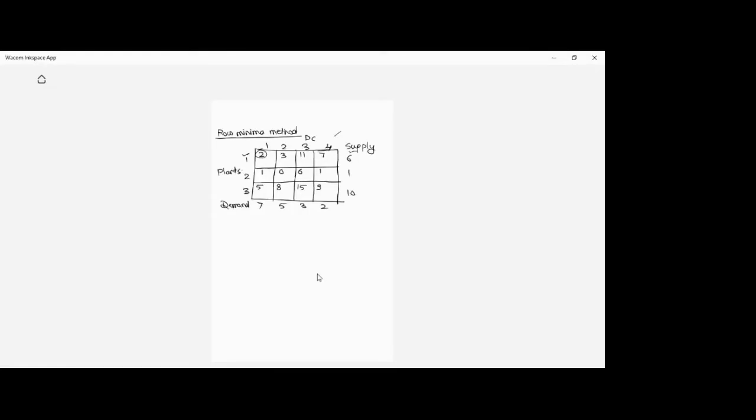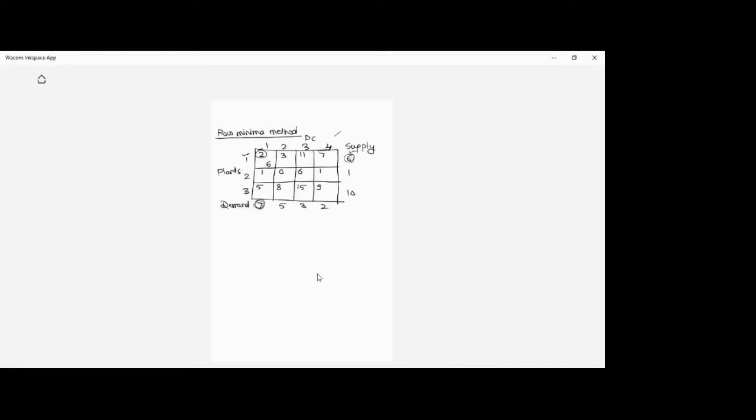While allocating the value, you have to see the row constraint as well as the column constraint. For the row constraint we have 6 as a value, and here we have 7 as a value. We can't put 7 because that will violate our supply constraint. So the maximum value that I can put here is 6, right?